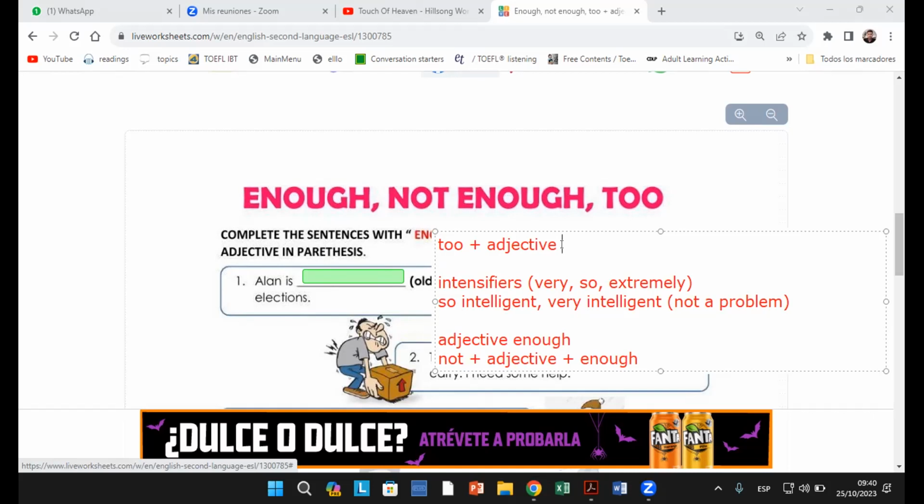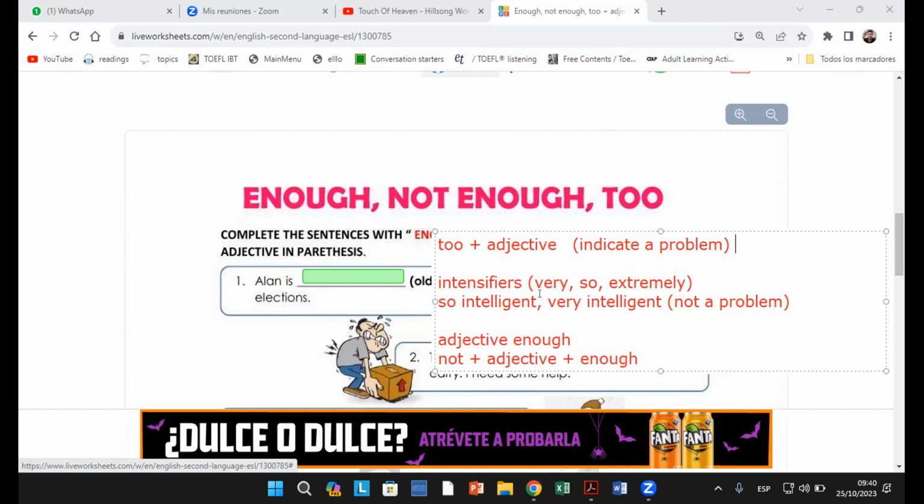And much is used for counting. For example, intensifiers: very, so, extremely.